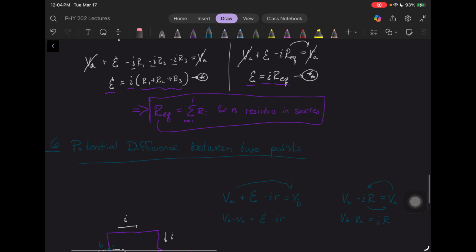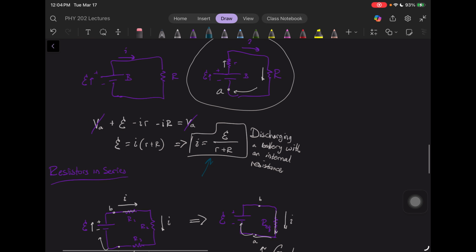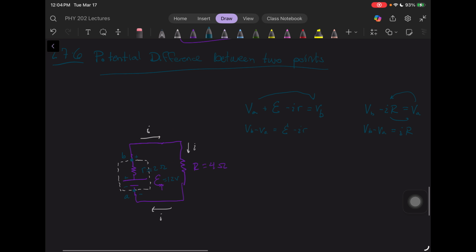We have the equation from before right here. I'll write that off to the side real quick. For an internal resistance of a battery, I is equal to the EMF over the resistance of the circuit plus the resistance of the battery.